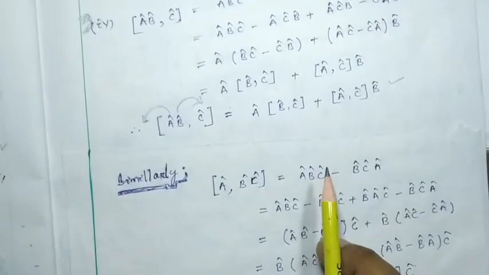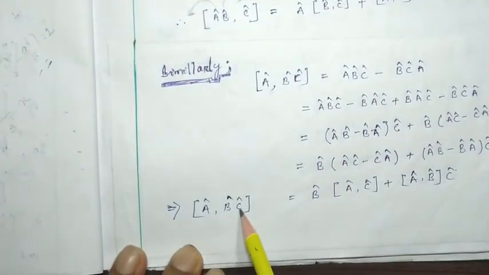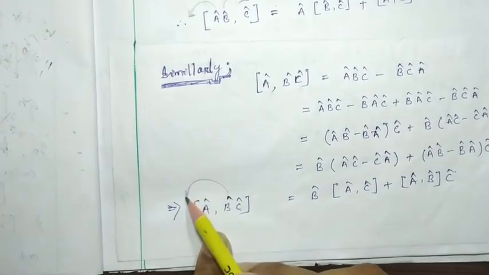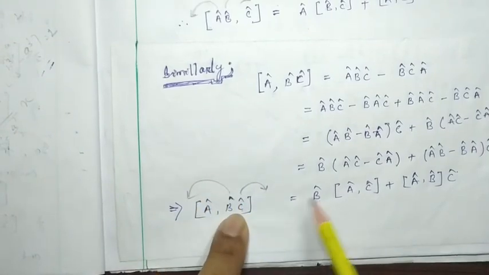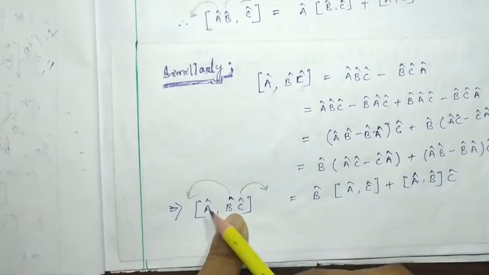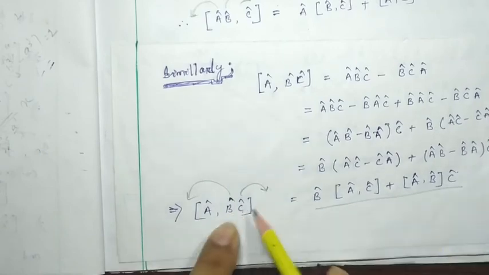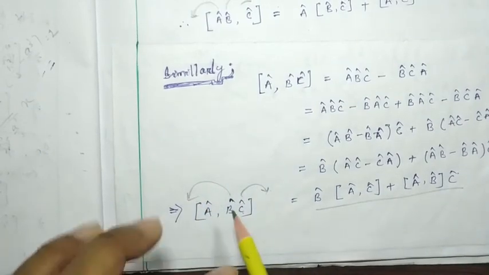Now what will [A][B][C] be? Here [B] will go this side, [C] will go this side. Okay, when [B] goes this side, [B][A][C] will be over here, plus [A][B] with [C] going this side. So this order in which way I told you, you have to remember.